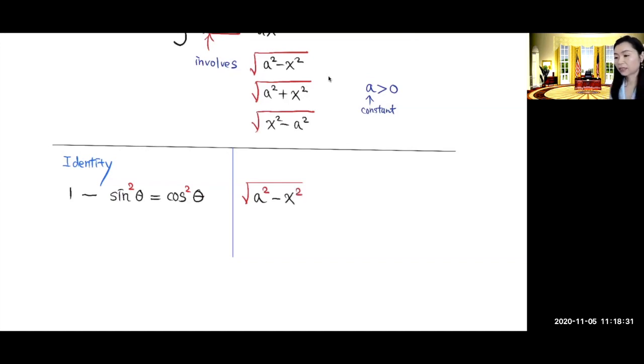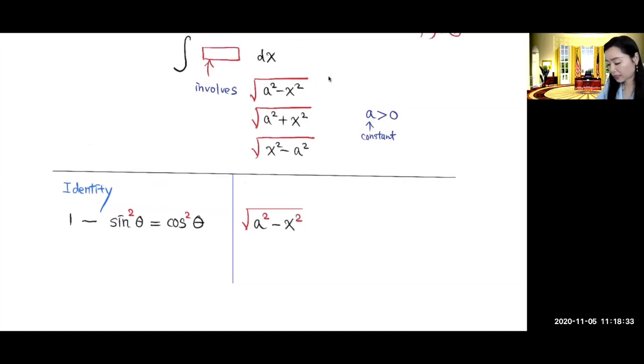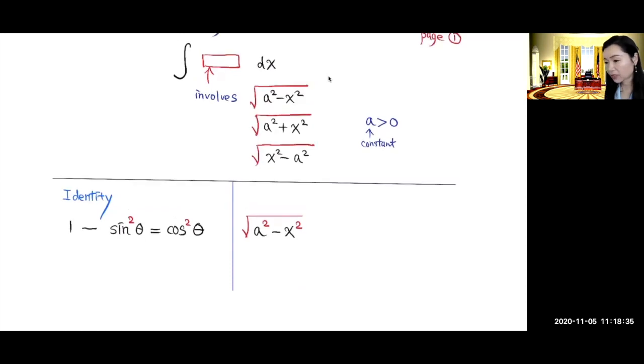So when you have an integral involving the square root of a squared minus x squared, think about this identity. You kind of wish that the inside of the square root will be a perfect square, right? If you take the square root of a perfect square, then the perfect square and the square root are going to cancel, and you can get rid of the square root, right?